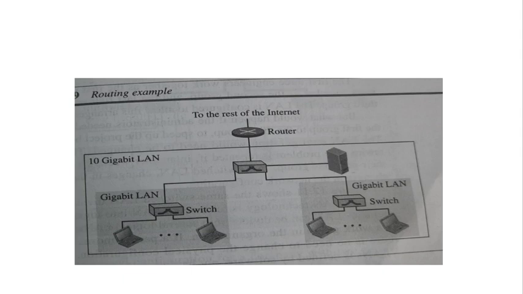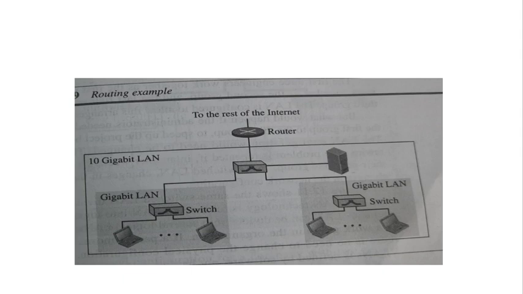Let's see an example of routing. Here, in this particular example, let's just assume that an organization has 2 separate buildings with a gigabit Ethernet LAN installed in each building.